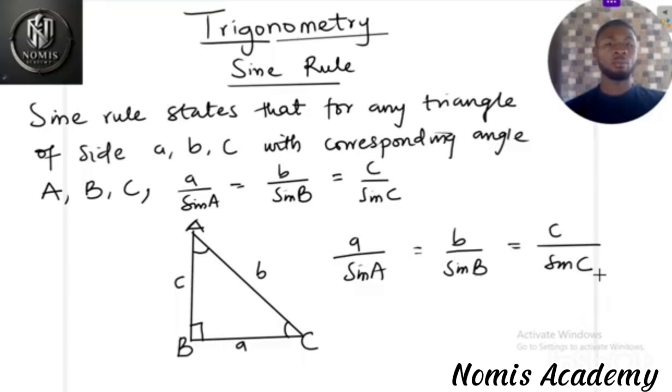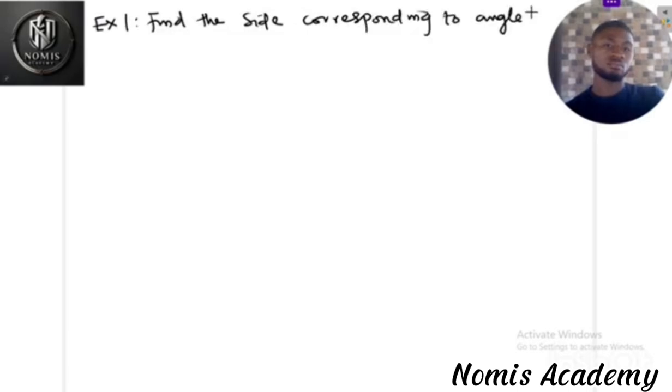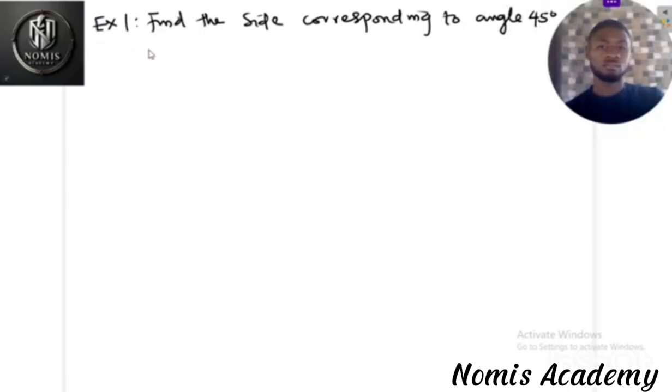Let's solve some examples on the sine rule. Example number one: find the side corresponding to angle 45 degrees in the triangle.